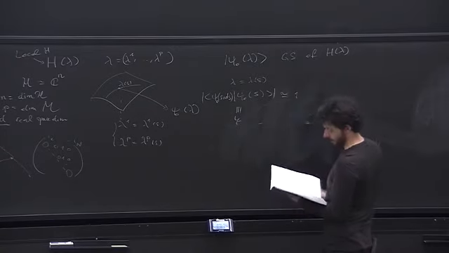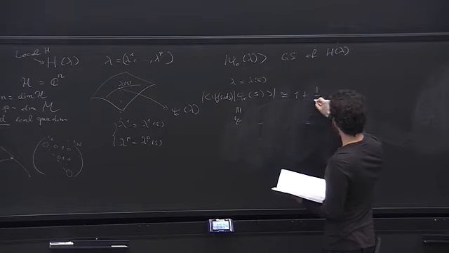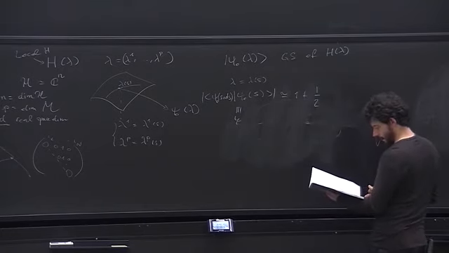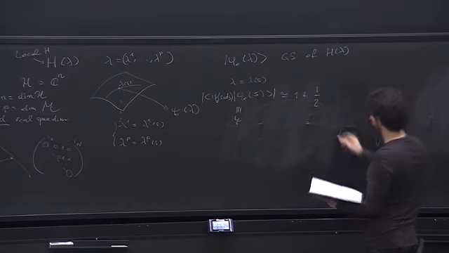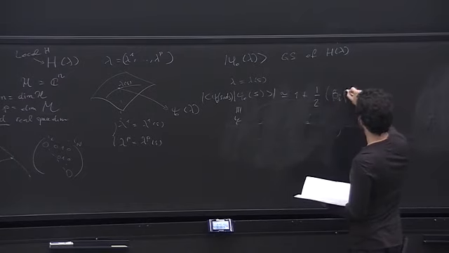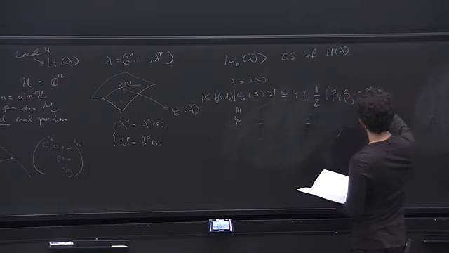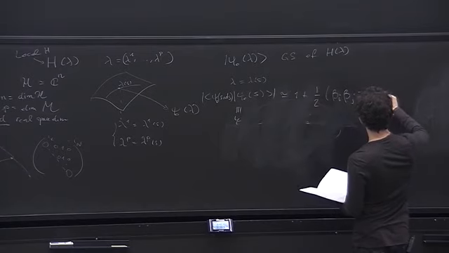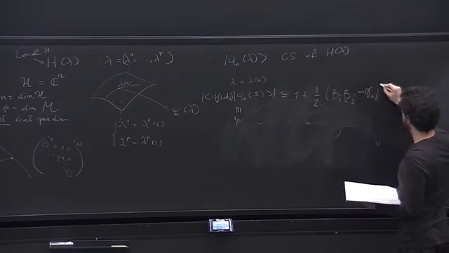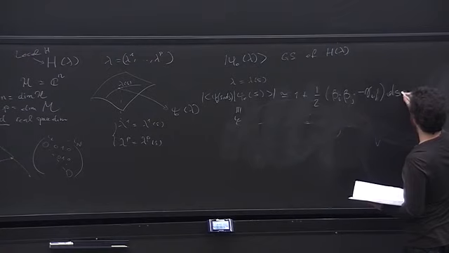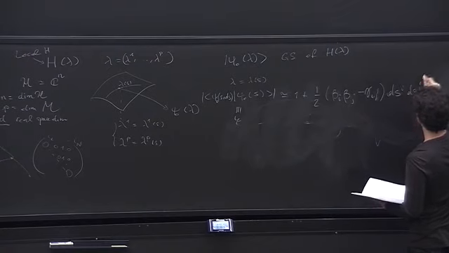as 1 plus 1/2, let me write it like this, beta i beta j minus gamma i gamma j, minus gamma ij, ds i ds j.